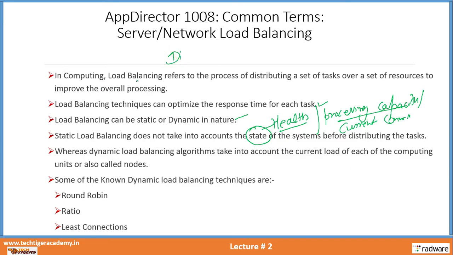So the main job of load balancing is to distribute. In computing, load balancing refers to the process of distributing a set of tasks over a set of resources. So there are 5 packets and there are 5 servers.